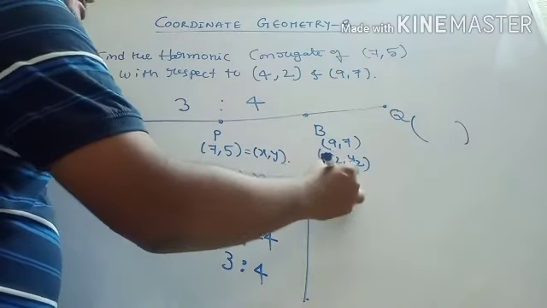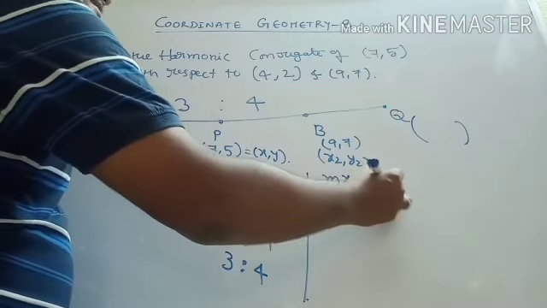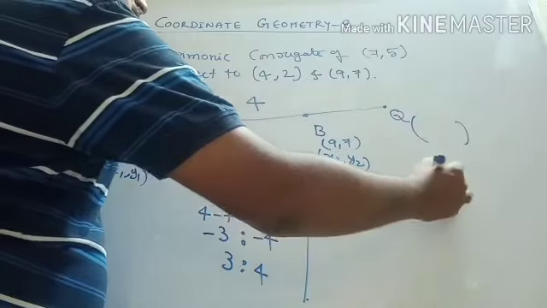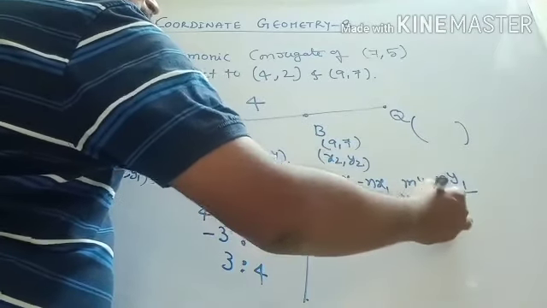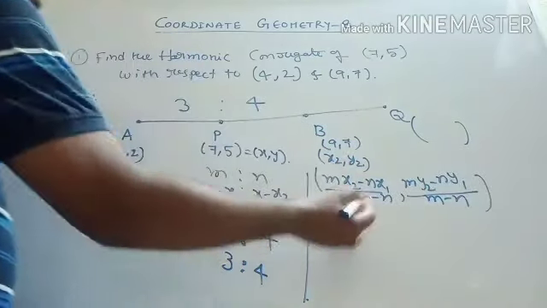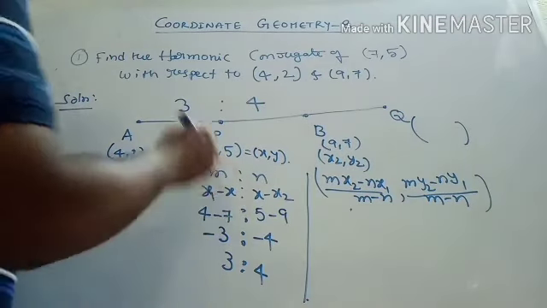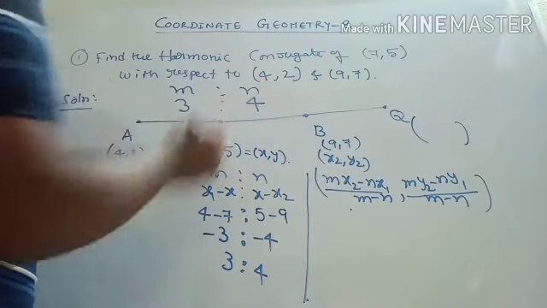Already I gave you that: the point is (m x2 minus n x1) by (m minus n), comma, (m y2 minus n y1) by (m minus n). Now m is to n is as we have here.